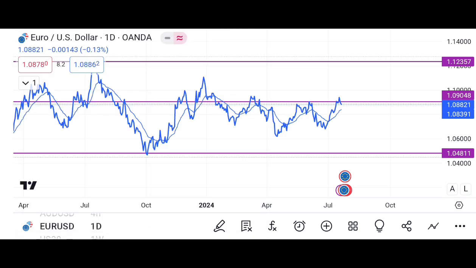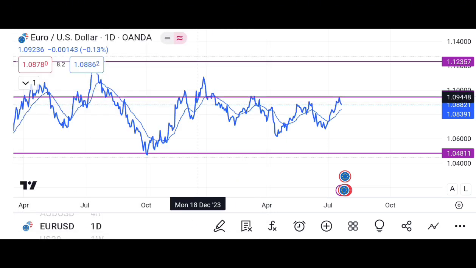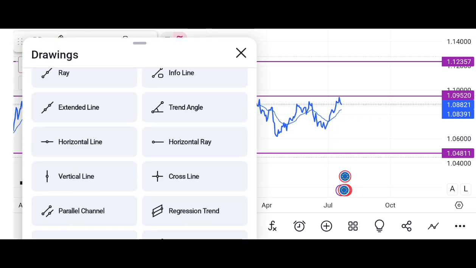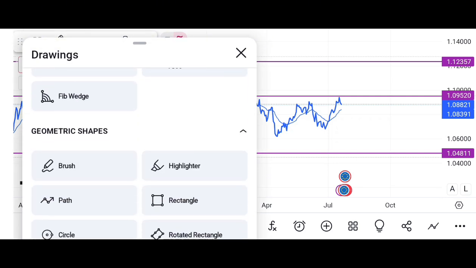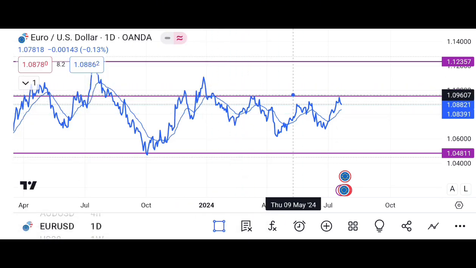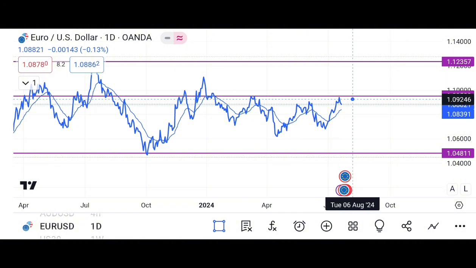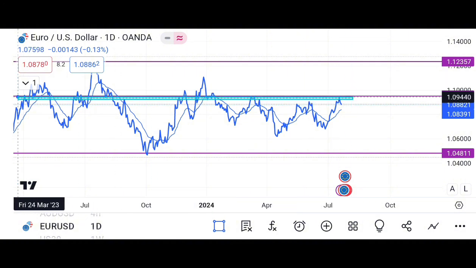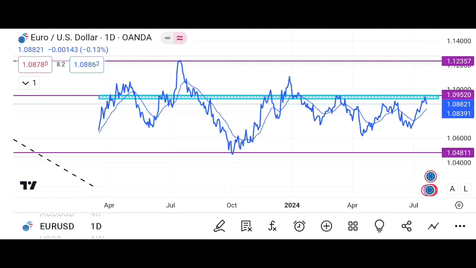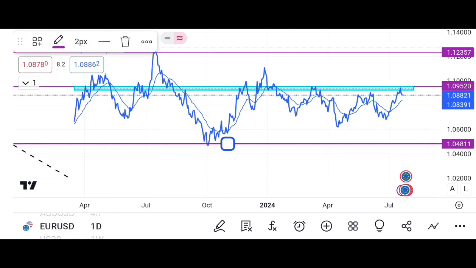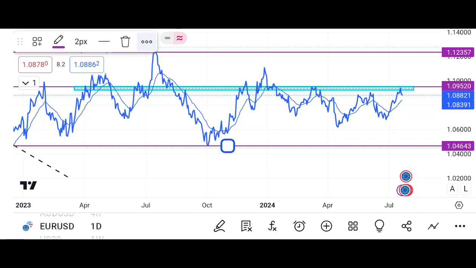Again, I'm in line chart mode with that. I'm going to be taking this. Yes, sir, that's how I marked it.